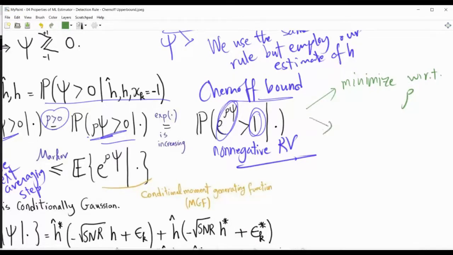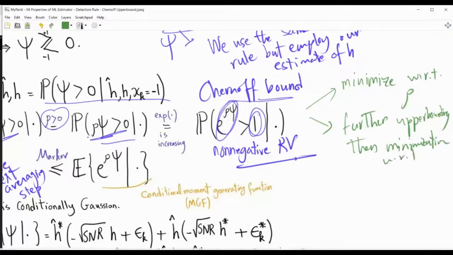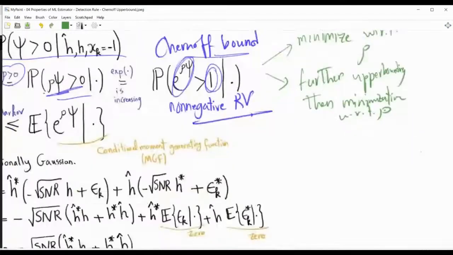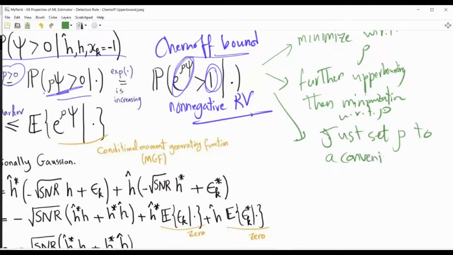Or sometimes this is not feasible, so you do further upper bounding, then minimization with respect to rho. Another option, you will see it in many problems, is to just set rho to a convenient value.